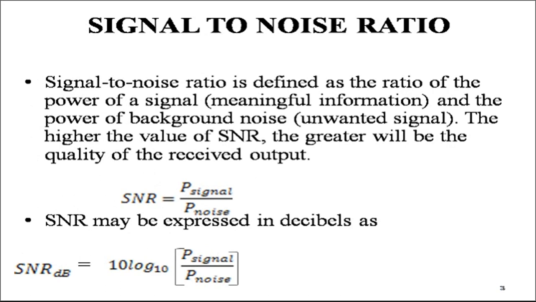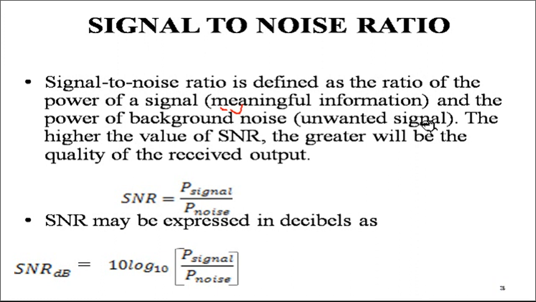So basically, what is signal to noise ratio? Signal to noise ratio is defined as the ratio of the power of a signal, that is the signal which we are interested in transmitting, called meaningful information, and the power of background noise, that is the unwanted signal.